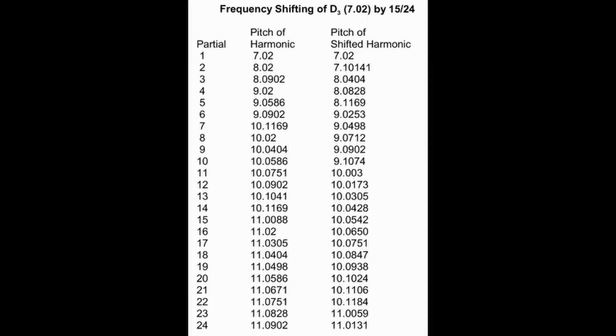For another example, let us choose the ratio of 15 to 24, which is approximately a minor sixth, the difference between the 15th and the 24th partials. If we start from the pitch 7.02, D3, the pitch series we obtain would be 7.02, 7.104, 8.04, 8.8082, 8.1169, 9.02, etc., up to 11.0173.